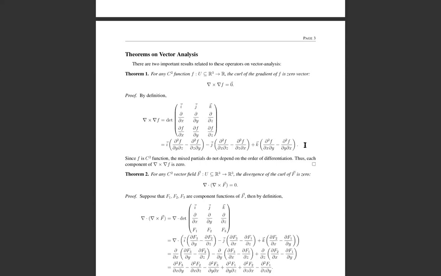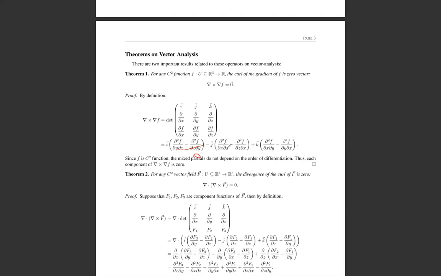Same thing for j, same thing for k, and you have the result here. Since our f is a C2 function, the mixed partials don't depend on the order of differentiation. So partial f y partial z is the same as partial f of partial z partial y. So these two are the same, and when they subtract each other, it becomes 0.